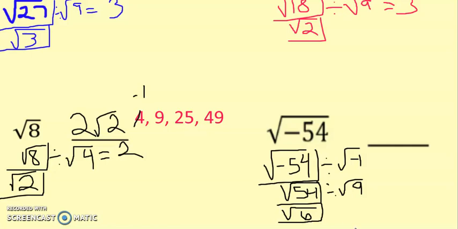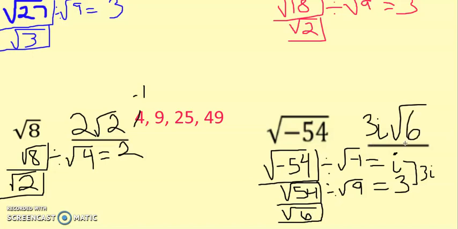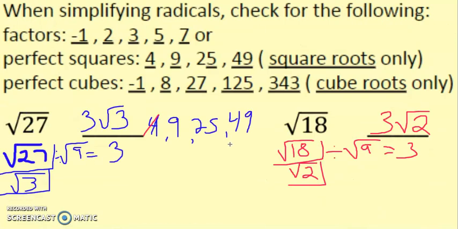None of these numbers go into 6 evenly, so we're done. The square root of -1 is i. The square root of 9 is 3. So 3 times i is 3i. That goes on the outside. On the inside, we have our leftovers, 6. So our simplified radical is 3i square root of 6.